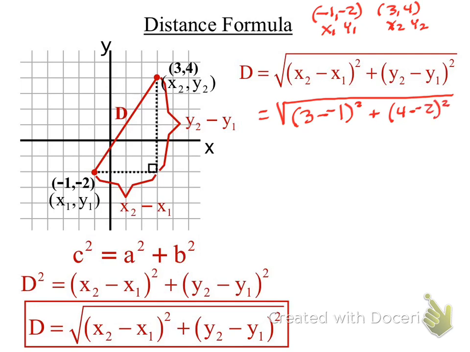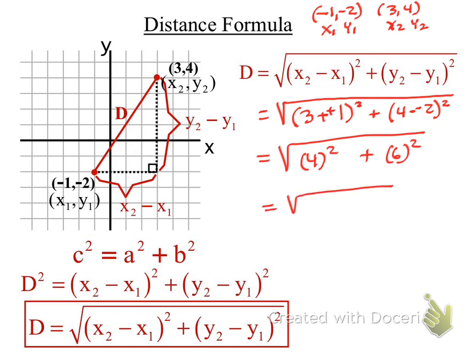Close it up and square it. Okay? This is the square root of 4 squared plus what? 6 squared. So what do we get? Which equals the square root of 52, which is about equal to 7.2.